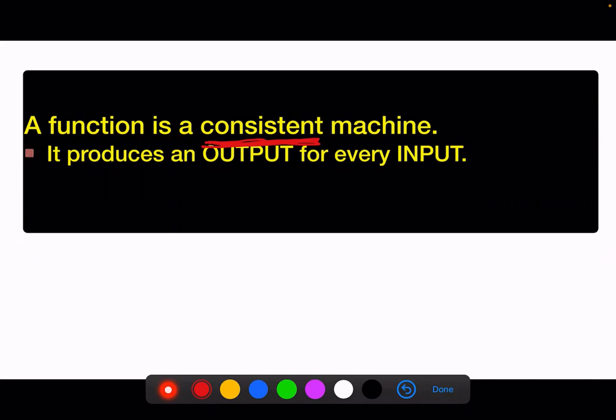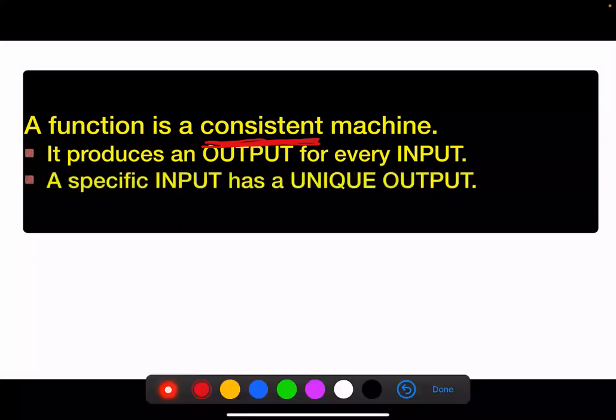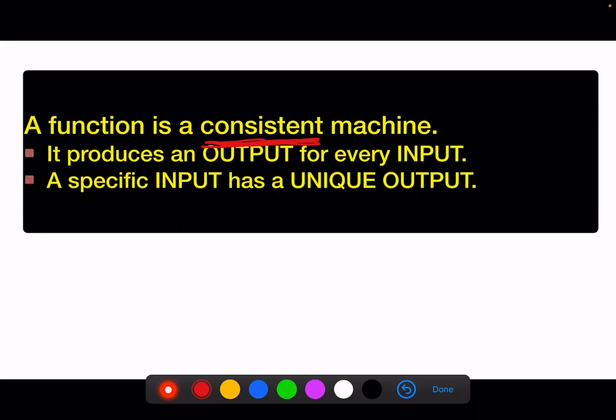Now what else? Other thing is, if you have a specific input, it has a unique output. Okay, so it has a unique output. Suppose, आजकल तो TVs का थोड़ा सा बदल गया, बहुत बदल गया है. But imagine, I think mobile phone ही ले लेते हैं हम. Okay, so mobile phone is giving us some functionality.